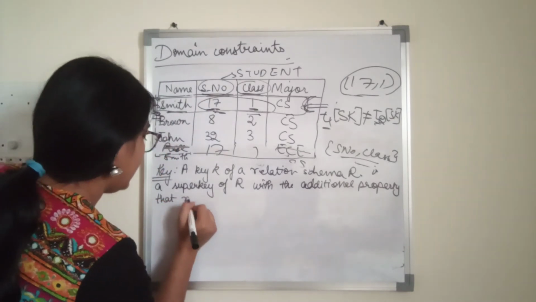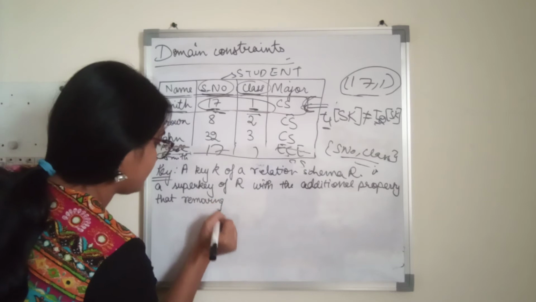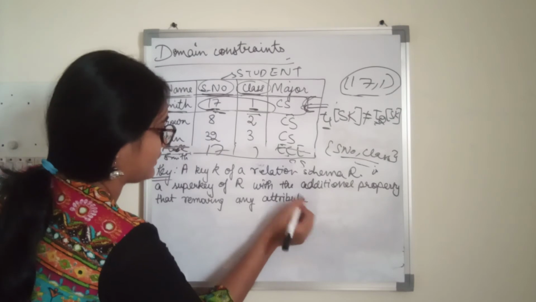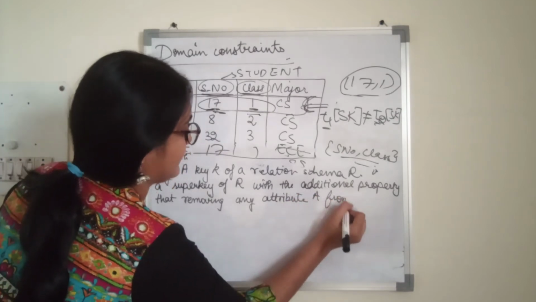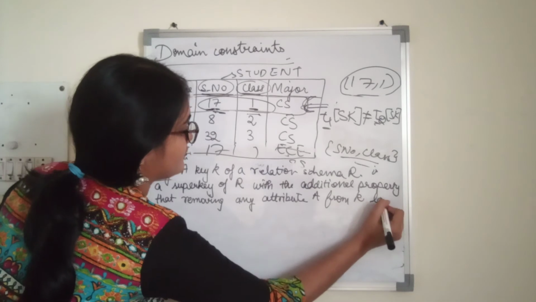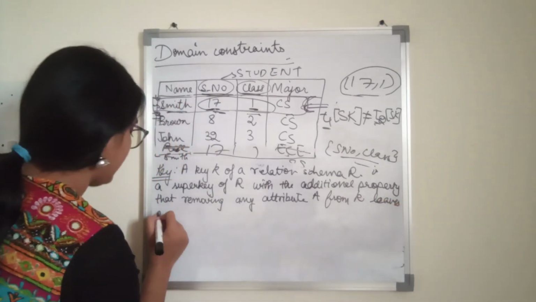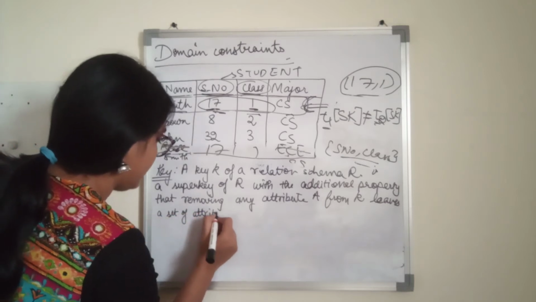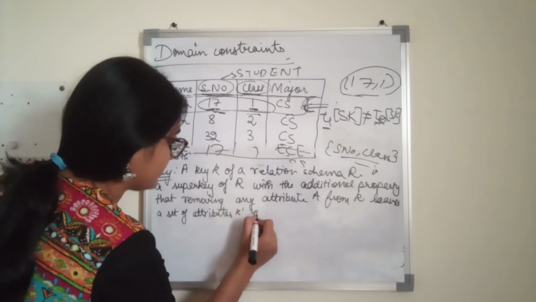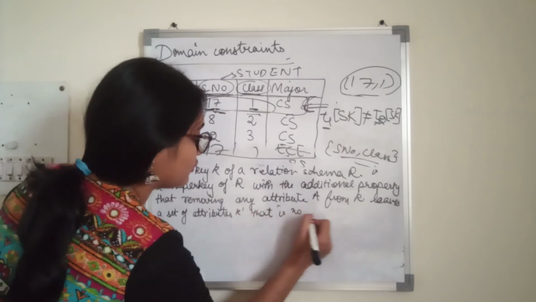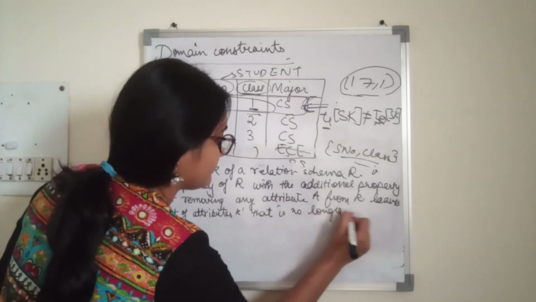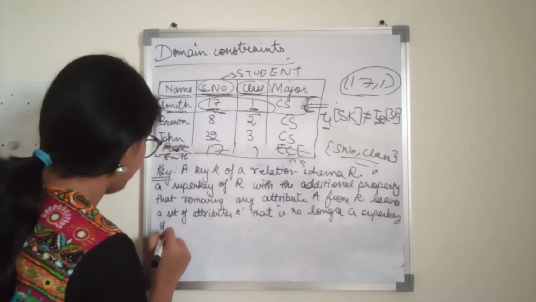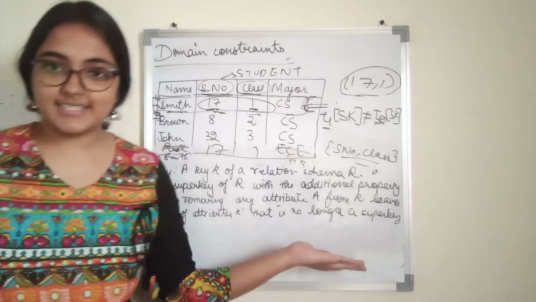that removing any attribute A from K leaves a set of attributes K dash that is no longer a super key of R. Okay, so what is a key?